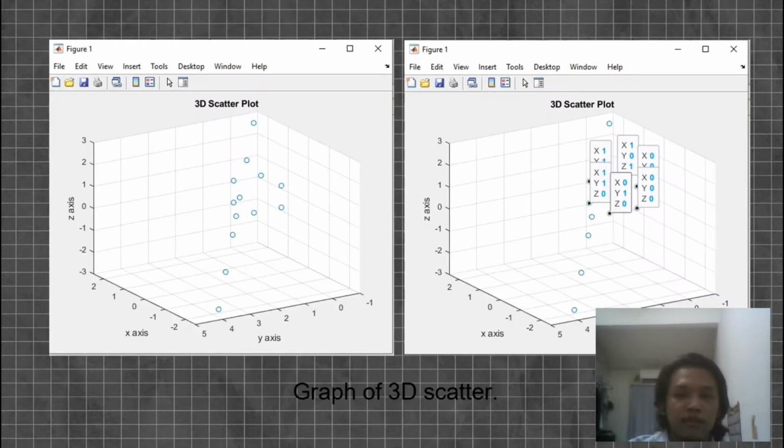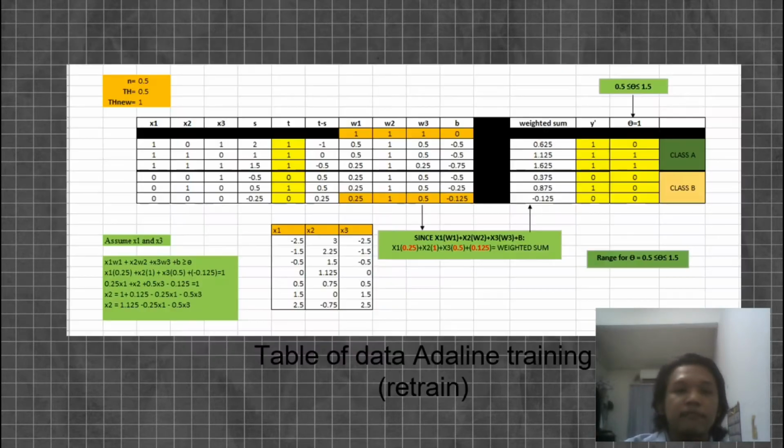As usual, before we insert any data to get a table like the previous slide, we have to plot the scatter graph in MATLAB, and the result we get is this graph for the 3D scatter.